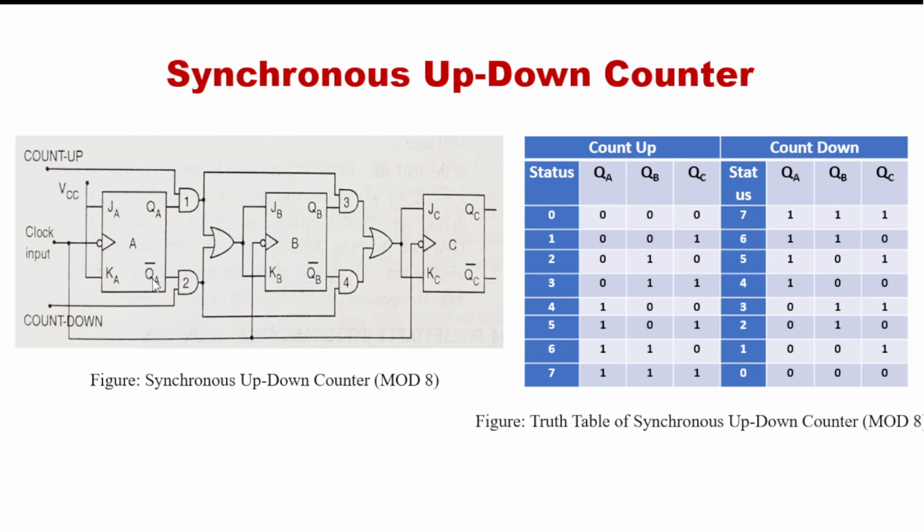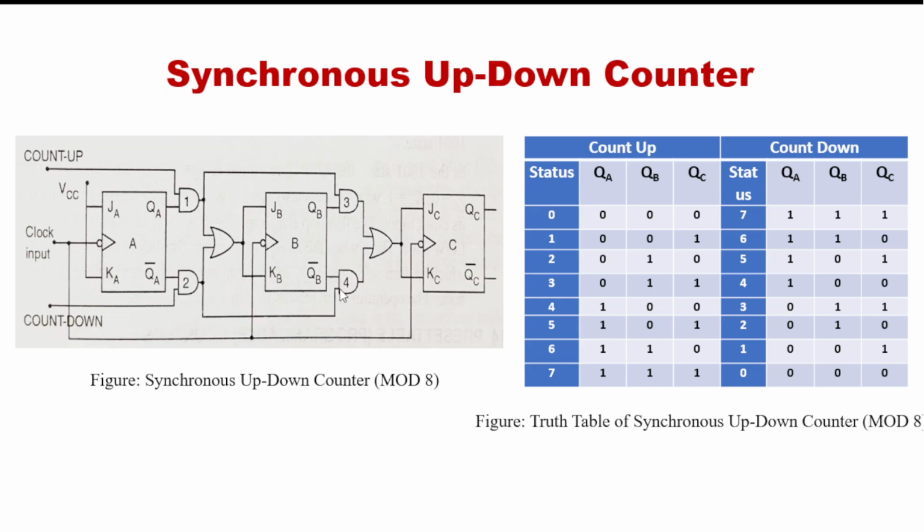So QA bar passes through AND gate number 2 and then through the OR gate, and this QA bar is the input of J and K of flip flop B. Then all clock pulses are given simultaneously. In the next condition, for the second flip flop, AND gate 3 is disabled and AND gate 4 is enabled.